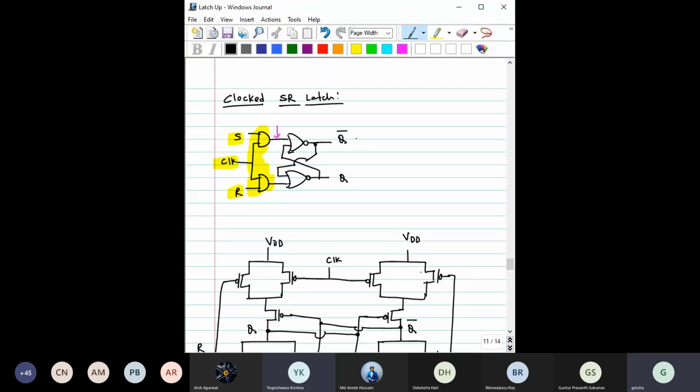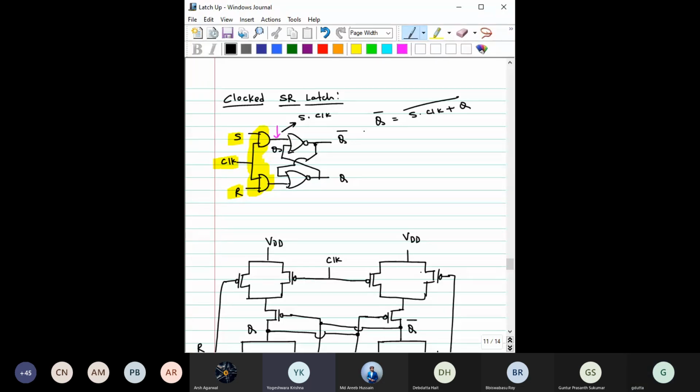See here what is basically Q. What are you getting here? It is S and clock. And here it is Q. So what is then Q bar? Q bar is basically S clock plus Q, whole bar.